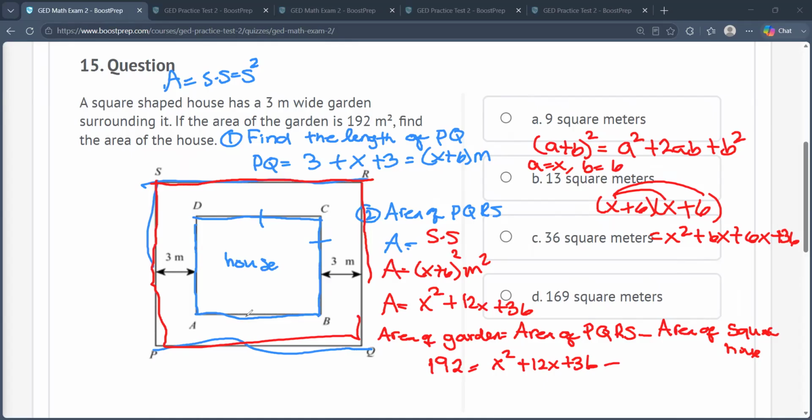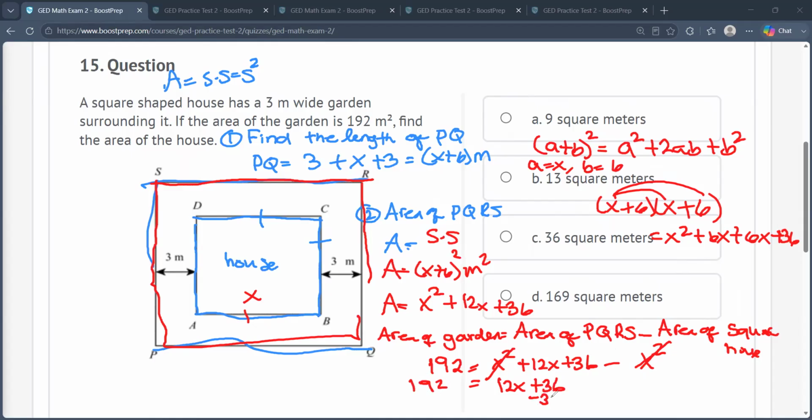We don't know this length, so we'll call it x by x, so that would be x squared. Okay, then go ahead and solve for x. On the right side we can get rid of these x squares because they zero out. So now you're left with 12x plus 36 equals 192.